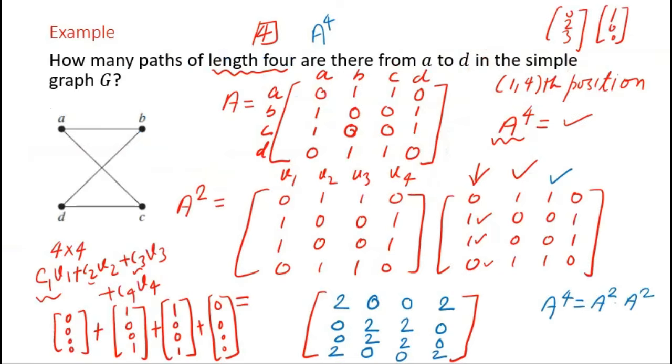Now this is important to note here, what is the ijth entry. So we are finding the path from a to d, and a is our first vertex and d is our fourth vertex. So what is the entry that we are going to find? We are going to find ijth, that is in place of i 1, in place of j 4. So we are going to find the 1/4 entry of a to the power 4.